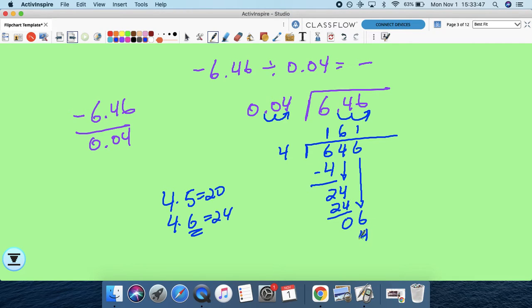So we put a 1, 4. 6 minus 4 is 2. Can we continue? Remember, we can add a decimal. If I add a decimal, I put a decimal over here, and I can put a 0. Bring the 0 down. 4 goes into 20 5 times. Right, so now we have no remainder. So it's 161.5.